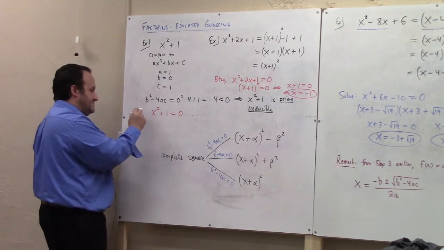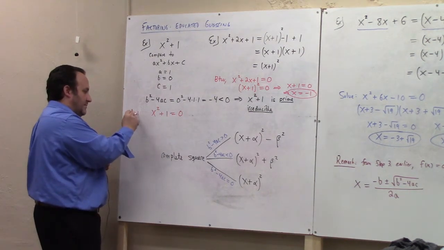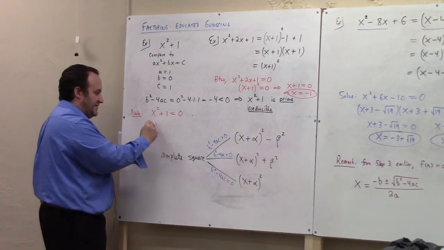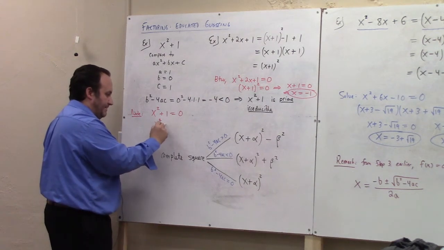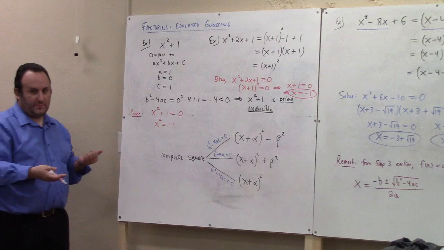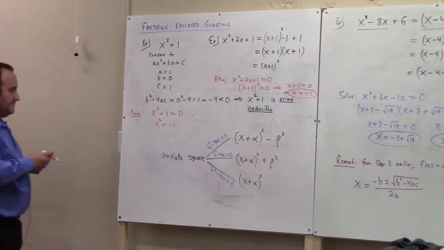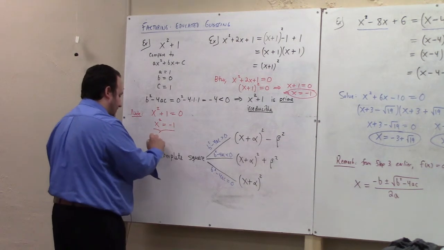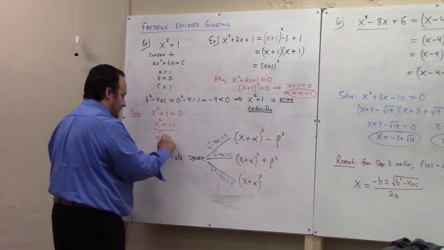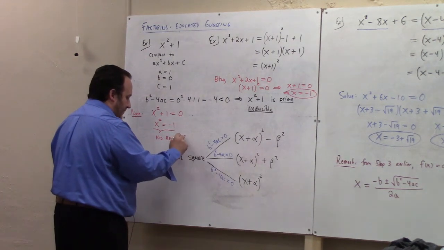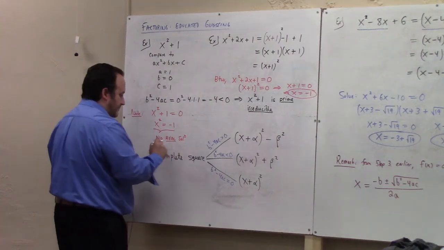Can you solve that? That would be x squared equals minus 1, right? Can you find a real number whose square is negative? You cannot, right? So in other words, there are no solutions to this one. There's no real solution.